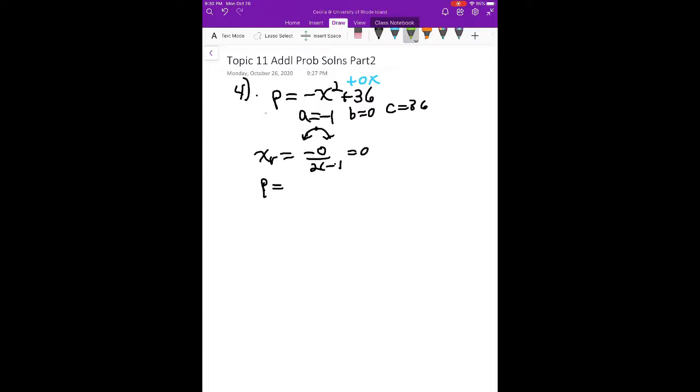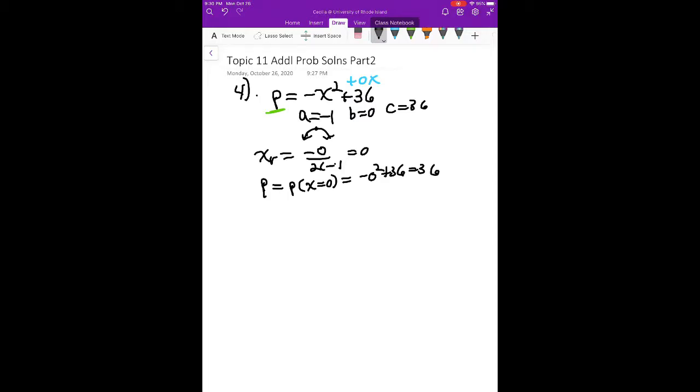Because this is actually a price per unit, when we substitute in 0. So another way to formally think about it is when x equals 0. And so that is equal to negative 0 squared plus 36, which is just 36.